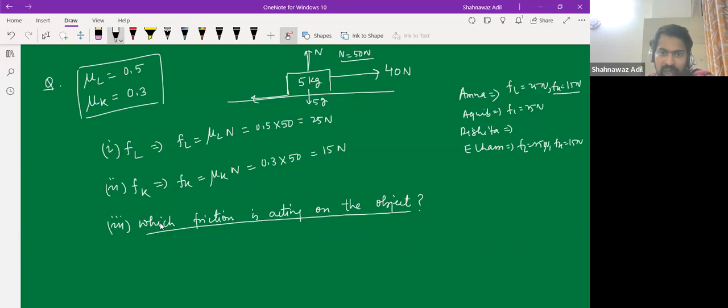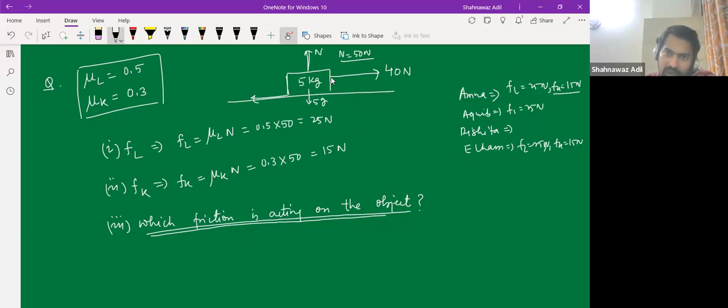Right. Now, the question was which friction is acting on the object. To find that out, we have to figure out whether the object is moving or not. If it is moving, then it will have kinetic friction. If it is not, then it will have static friction, right?